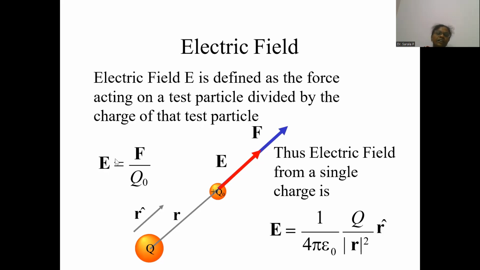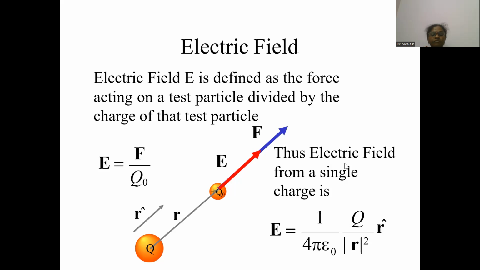See here the equation for the electric field. Electric field is equal to F by Q naught, where F is the force and Q naught is the charge. Let us see, this is the charge and the force acting. The electric field is also acting along the force.